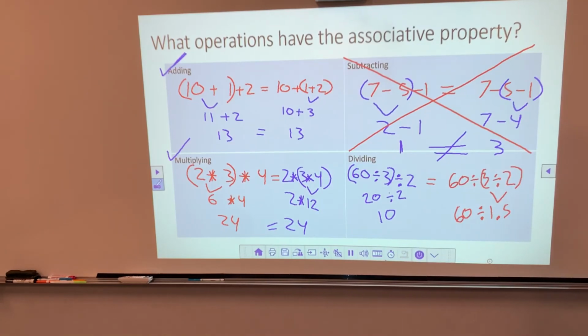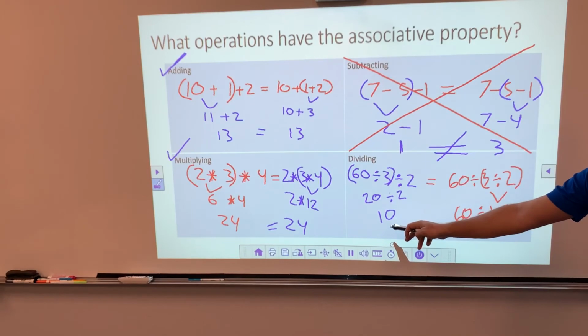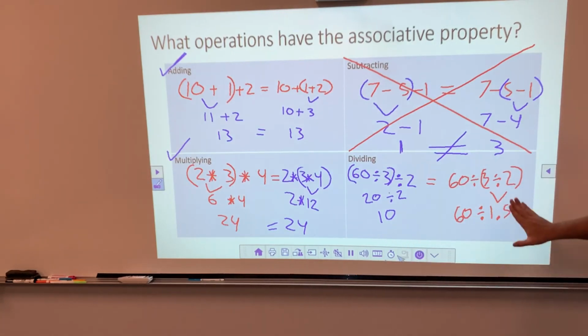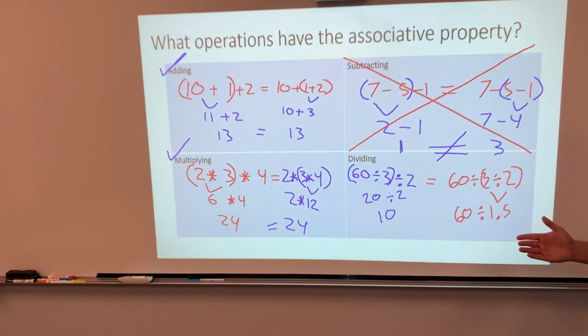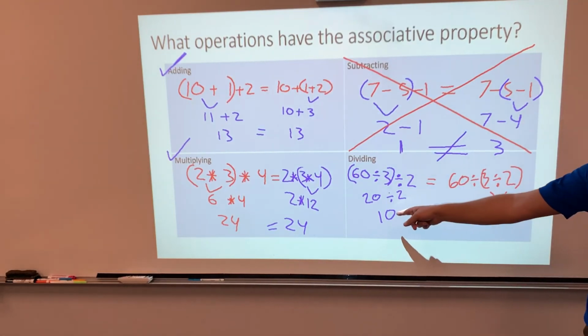60 divided by 1.5, whoa, that doesn't look like that's going to give me 10, because if I guess 60 divided by 1, that's going to give me 60. 60 divided by 2 would give me 30. So this is going to be somewhere between 30 and 60. That's nowhere near 10.